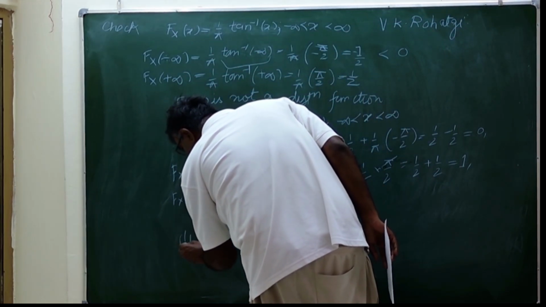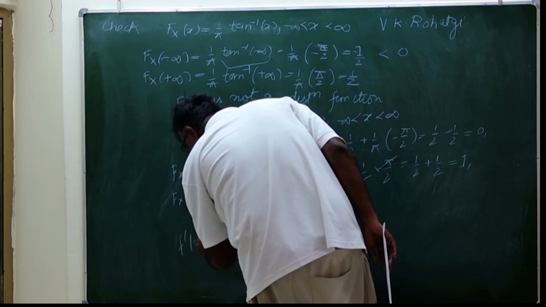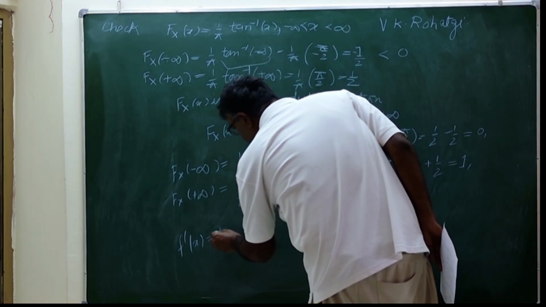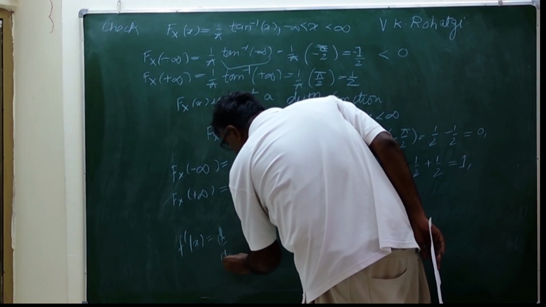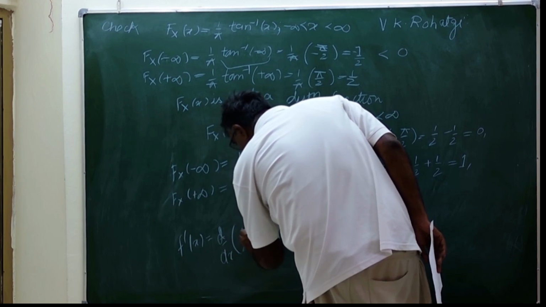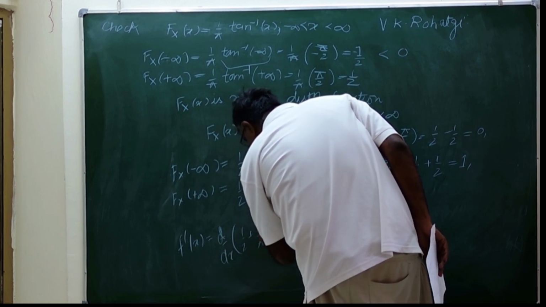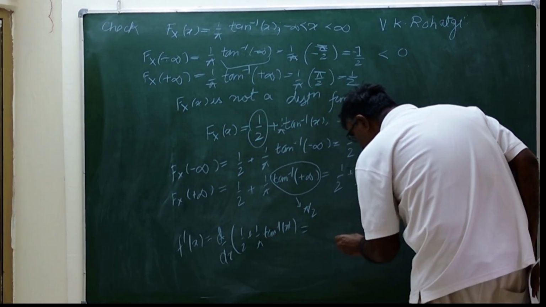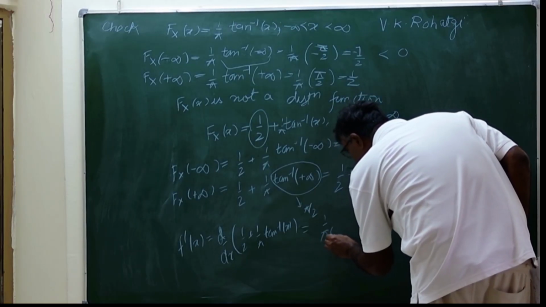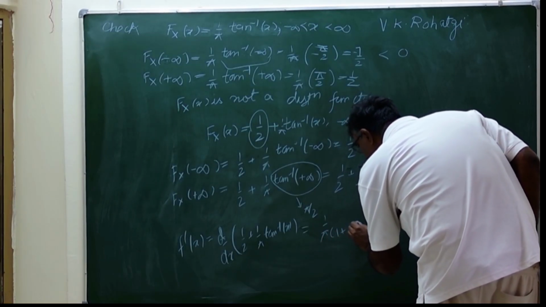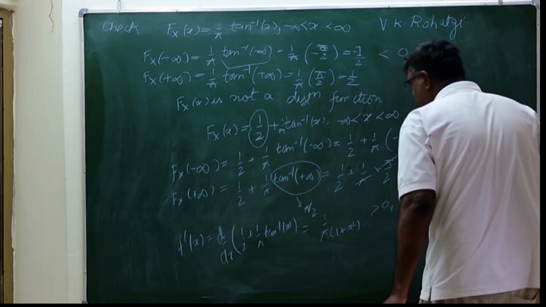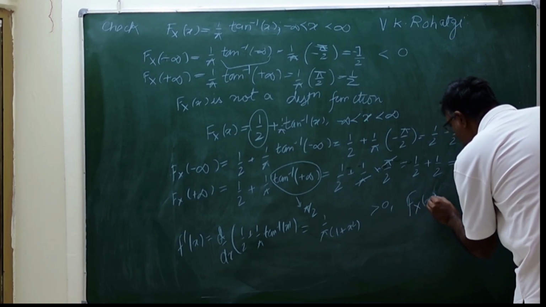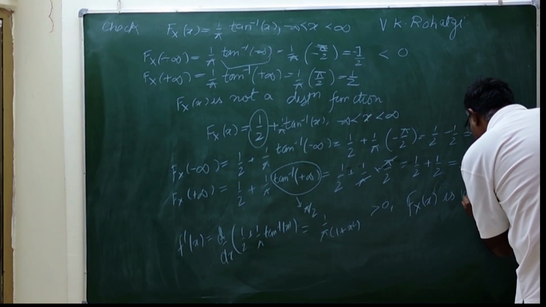Now for checking whether the function is an increasing function, we take f dash x, which is the derivative d over dx of 1 by 2 plus 1 upon pi tan inverse of x. It comes out to be 1 over pi times 1 plus x square, which is positive, so f of x is an increasing function.